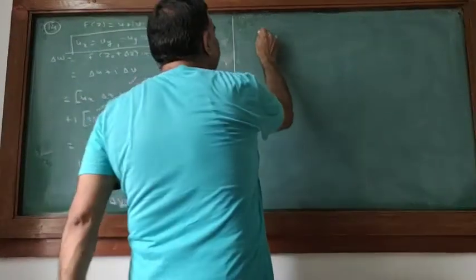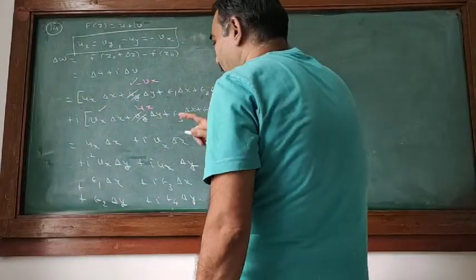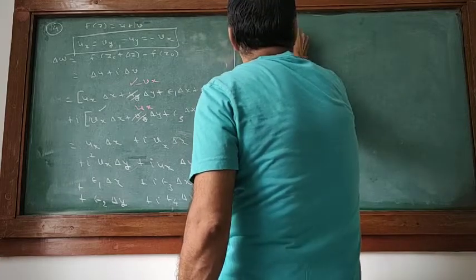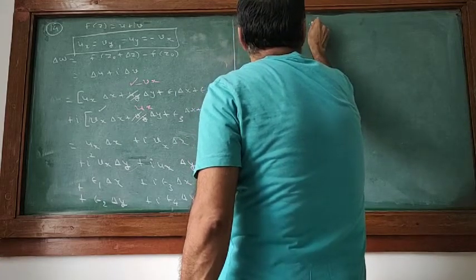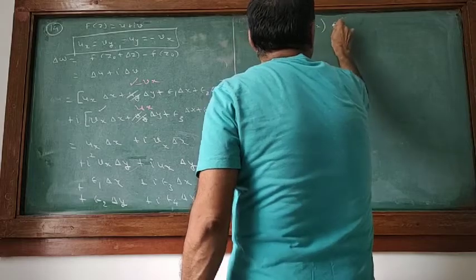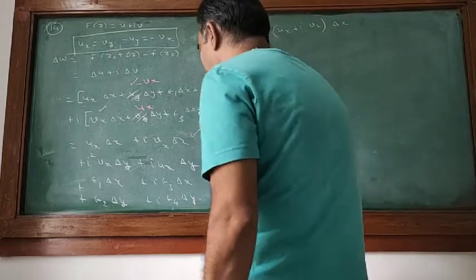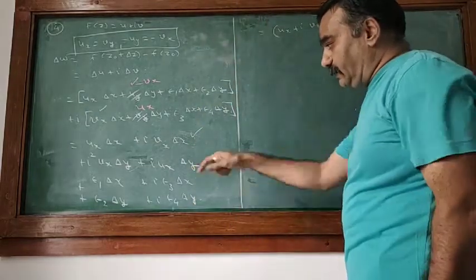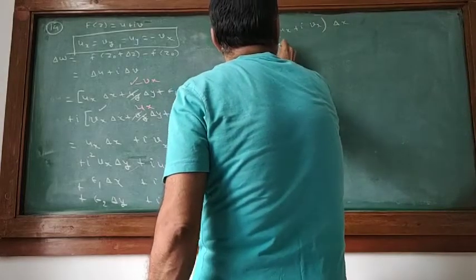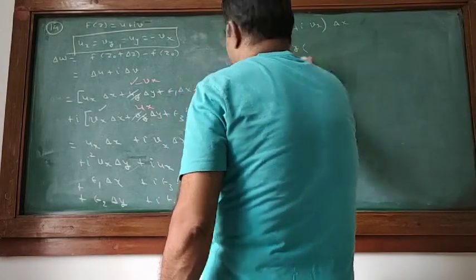So what I will have is ux plus i vx times delta x, and in this term I am taking i delta y in common.